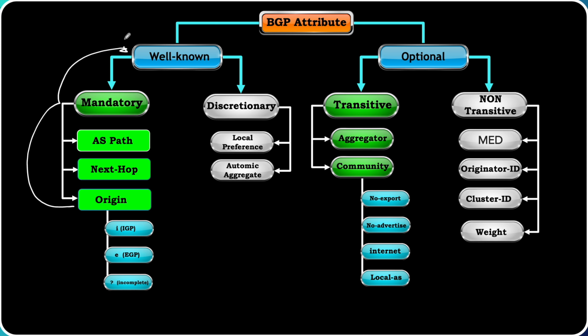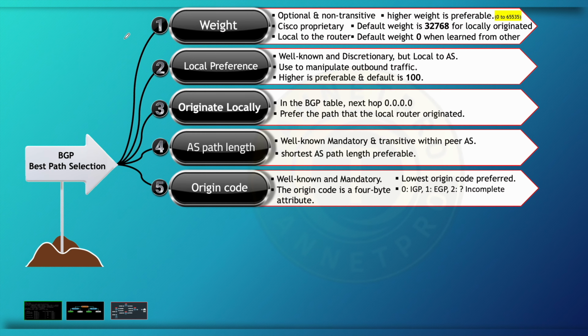Everywhere it is known, and this attribute is mandatory. It should be there. You cannot avoid this, right? So this attribute tells you from where it is basically originated, right? So the origin value is there, right? There are 3 types: IGP, EGP, and incomplete.